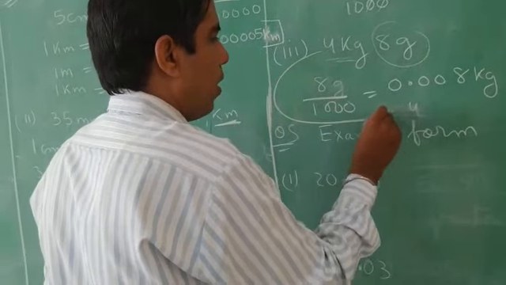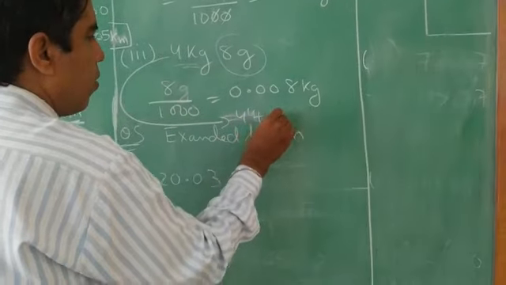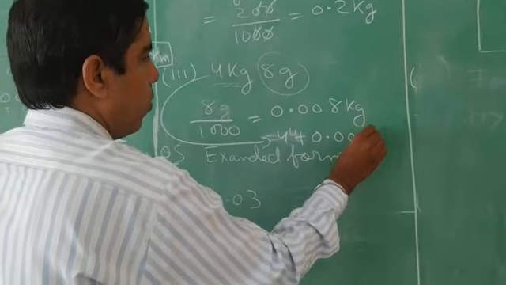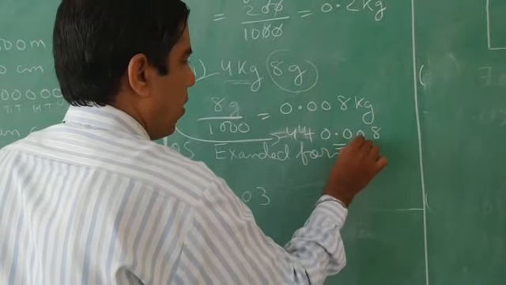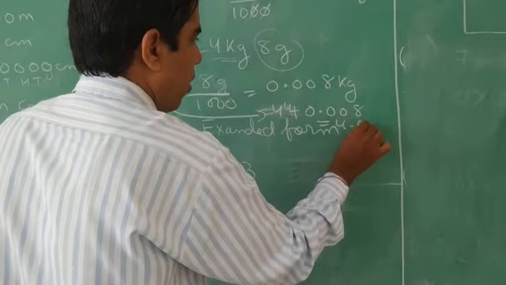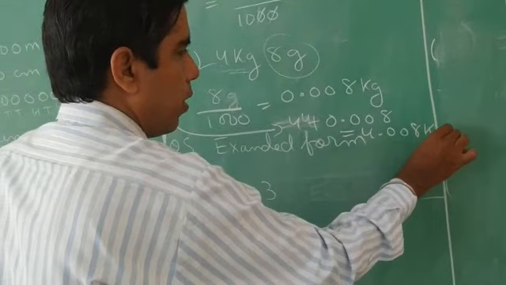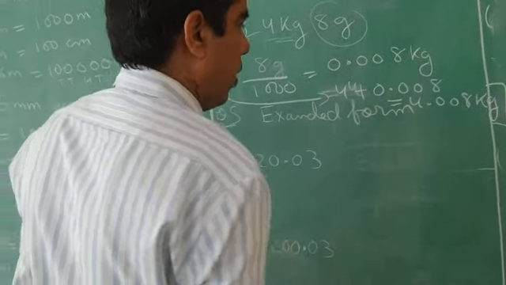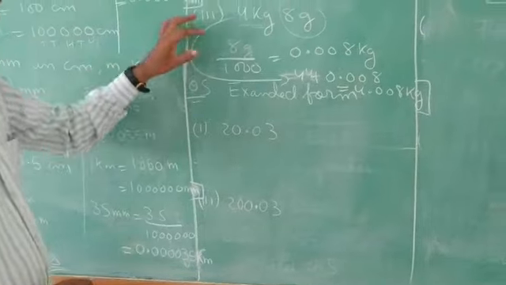It will not be coming like this directly. You will write here 4 plus 0.008. It will come at 4.008 kg is the answer.